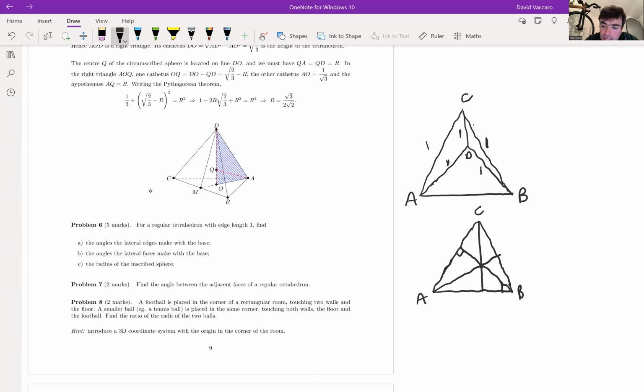So this point here, which I'll call G, is the point on the base directly below D.